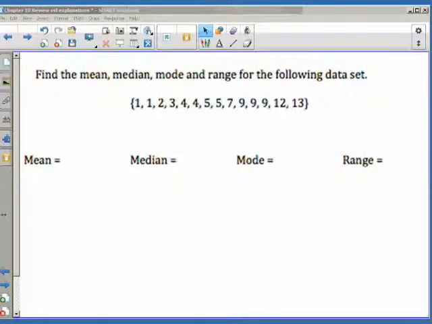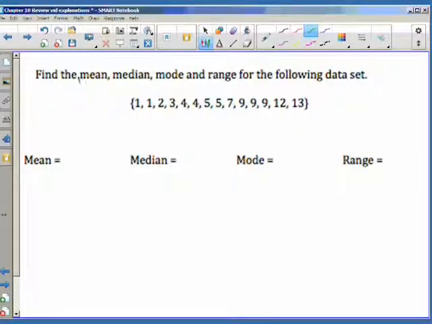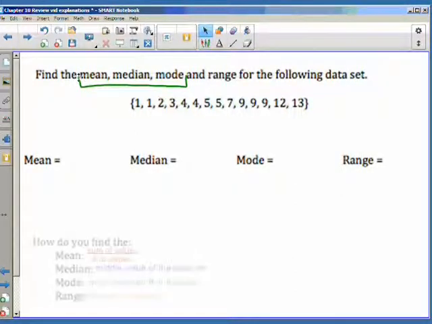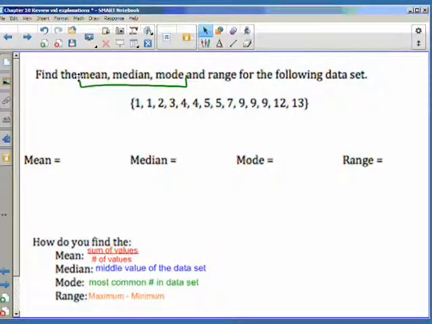All right, now as we find the measures of central tendency, mean, median, and mode, we want to take our data set, have it in order from least to greatest, and to find the mean, we should refer to our definitions here. The mean is the sum of the values divided by how many there are. So when I add these up, I try to find patterns here.